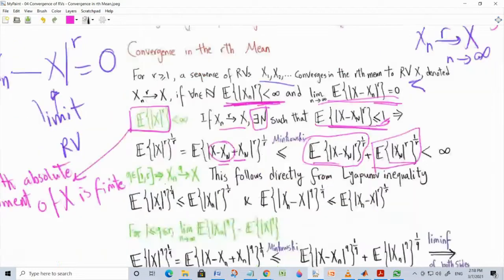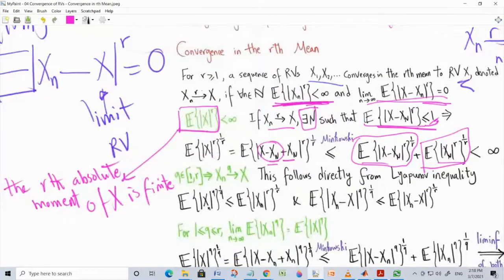What else? Suppose that you have convergence in the rth mean. Automatically, you will have convergence in the qth mean, where q is a real number between 1 and r.